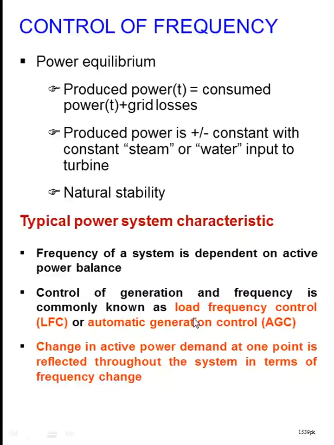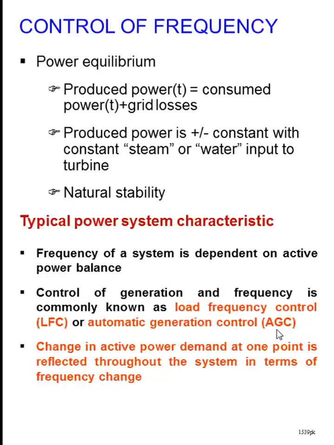So the control of generation or the frequency is more or less referred to as load frequency control or automatic generation control. This is the general terminology that we will always use.